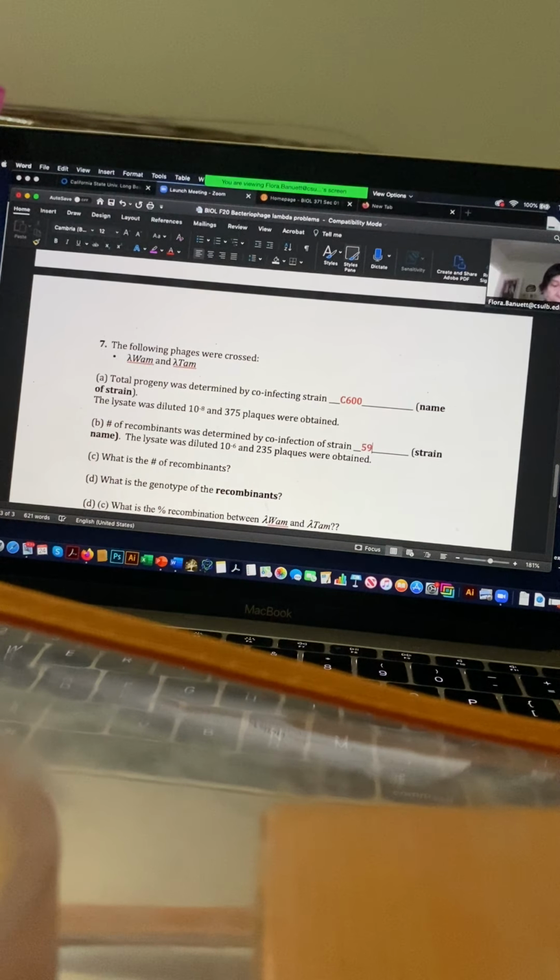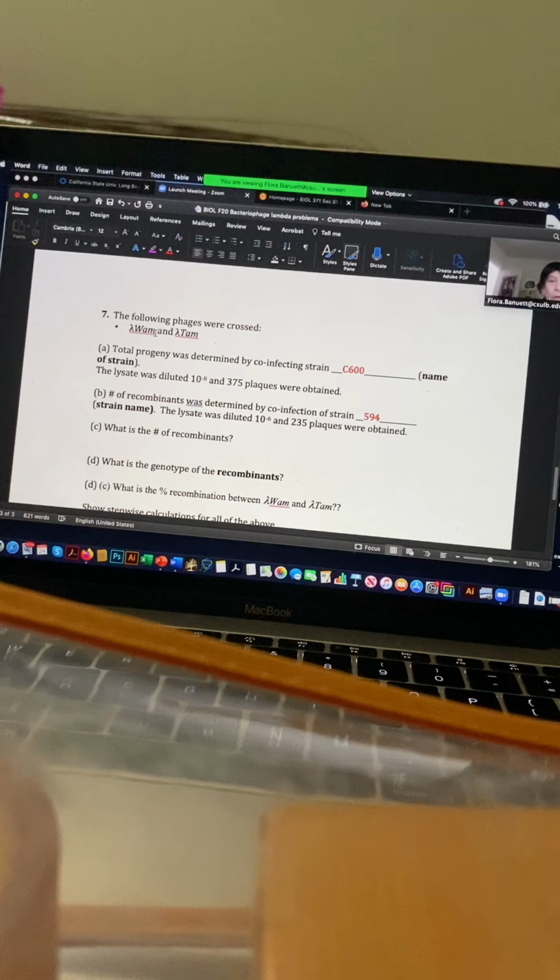Okay, let's go then into the next question. What is the number of recombinants? So you got on 594, where you determine recombinants, 235 plaques, when you dilute 10 to the 6.